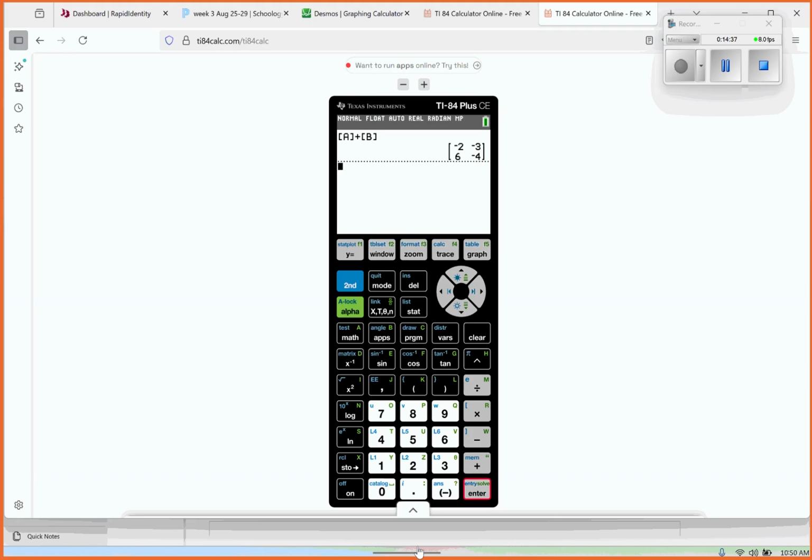Just like normal. I'll clear this out. I'm going to go second matrix, A, and I want to add it to B. This is under the names. And you just do that. Okay? It's pretty simple, isn't it?